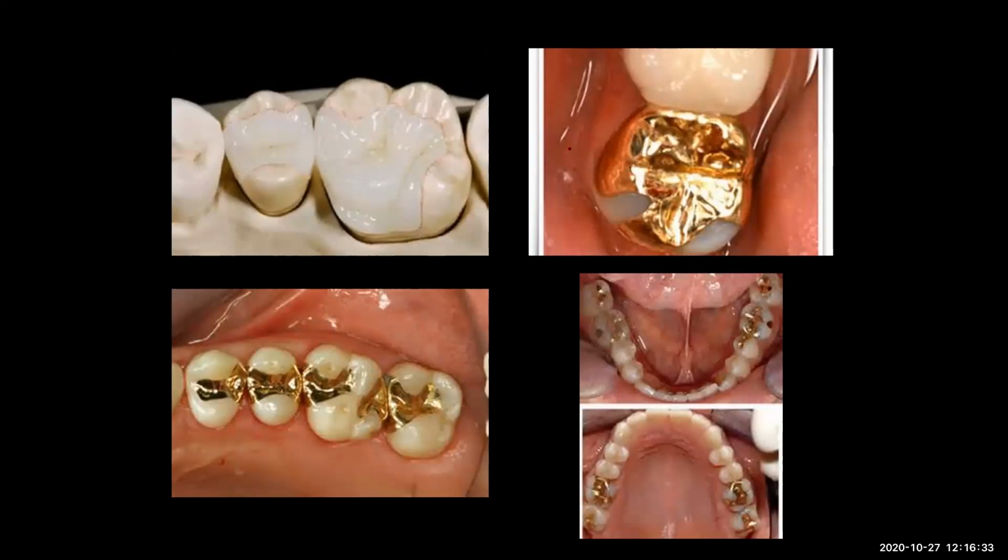This we would call a 3/4 crown because there's very little tooth left. You wouldn't see this anymore. They just go ahead and put a crown over that tooth. But you can see where you have to be very specific. An MOL.